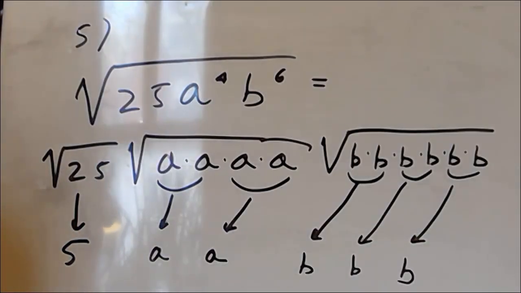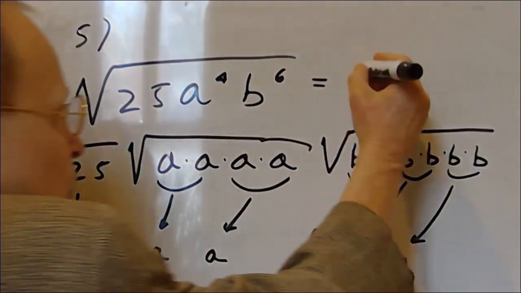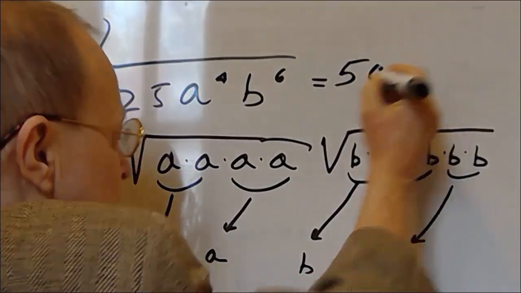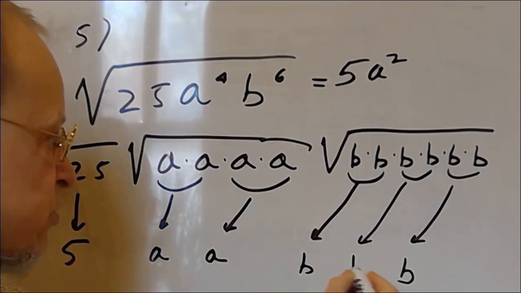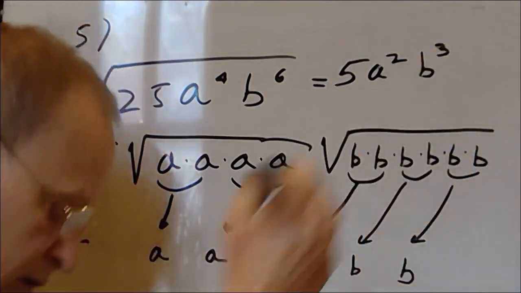So our final answer will be equal to 5a, and since there's 2 a's, I'm going to put a squared, and since there's 3 b's, I'm going to put b cubed.